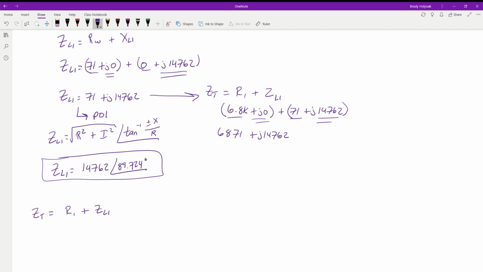So we could take that little shortcut and end up with this, and then we convert it into polar, which is going to give us 16,283 at 65.040 degrees.